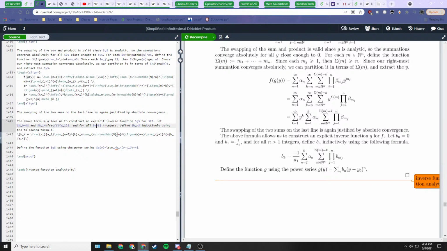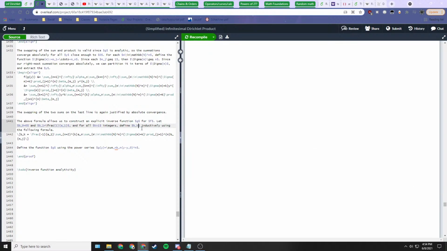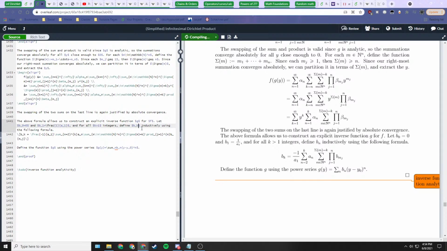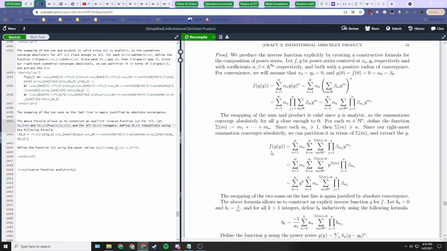Instead of n, we'll do k. We don't want to do b, actually. We want to do alpha and beta.